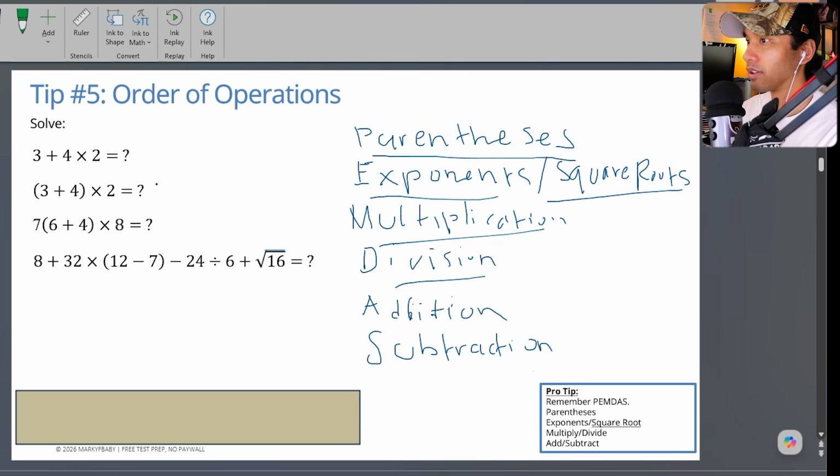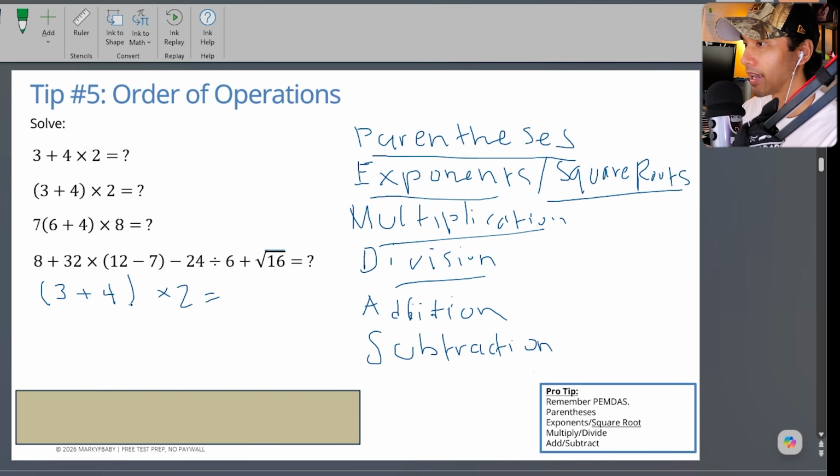So let's see. We have 3 plus 4 in parentheses times 2. Well, let's go look at our PEMDAS here. And then we see here that we have a parentheses. We have to solve what's going on in the parentheses first. We don't multiply first. That's what we did last time.